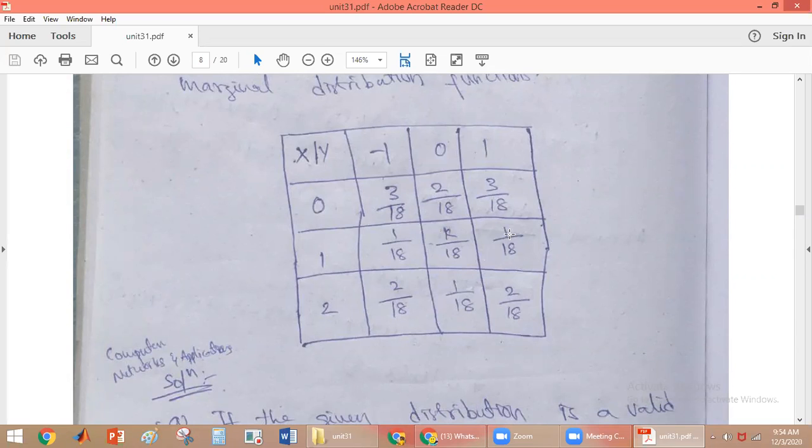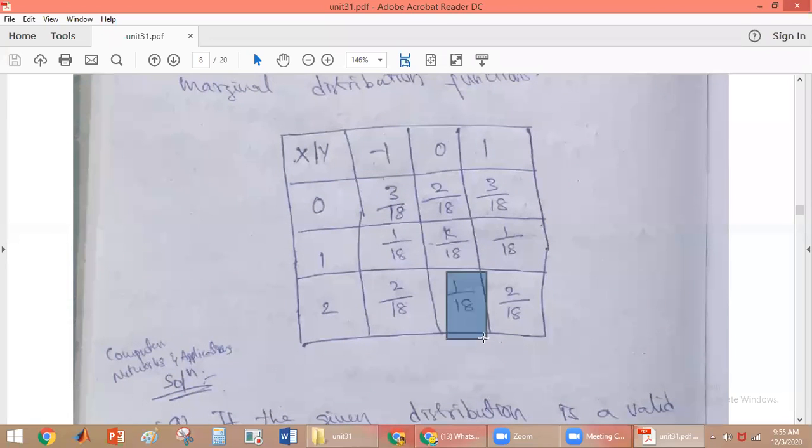Similarly the next term will be 1 by 18 u of x minus 1, u of y minus 1. Here it is 2 by 18 u of x minus 2, u of y plus 1, because ym value is minus 1, and since u of y minus ym with ym equal to minus 1 becomes u of y plus 1.